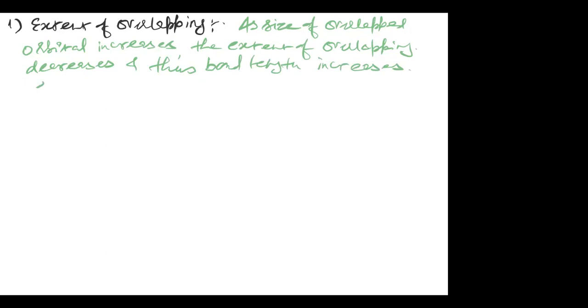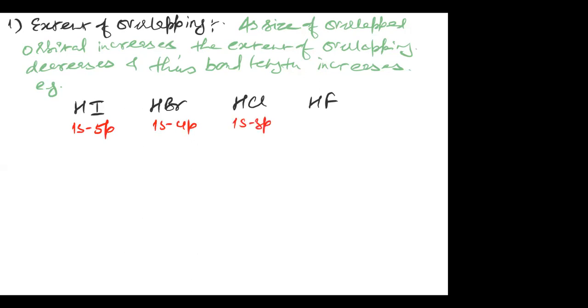For example, suppose we have hydrogen iodide, hydrogen bromide, hydrogen chloride, and hydrogen fluoride. In this case, the overlapping is 1s5p, 1s4p, 1s3p, and 1s2p overlapping.